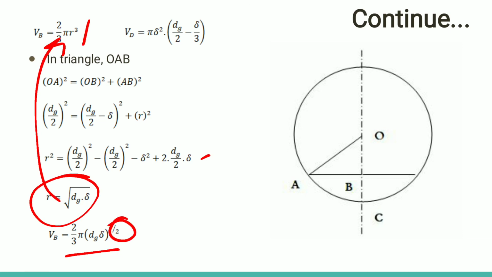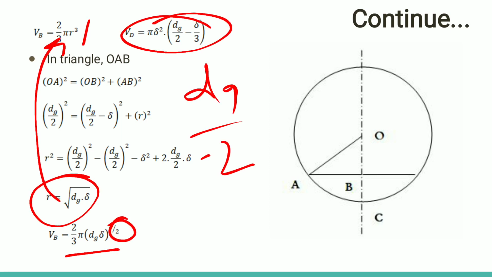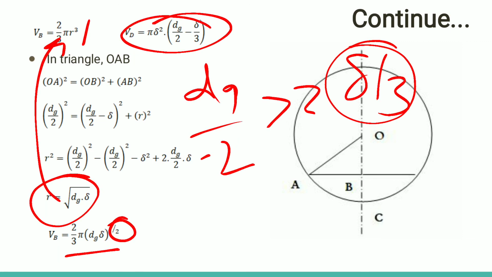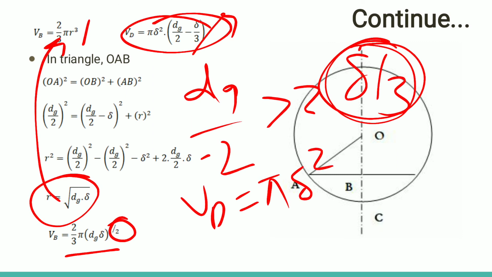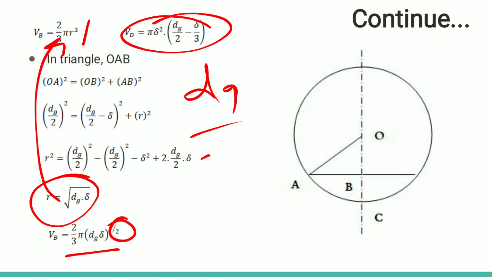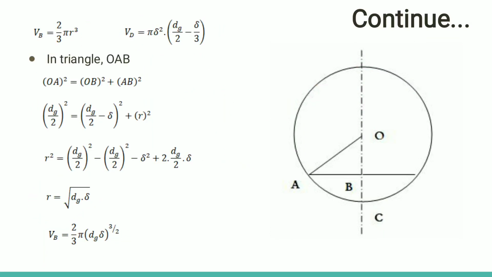Now in the ductile case, dg by 2 is very much greater than delta by 3, so we consider delta by 3 as 0. So VD equals pi into delta square into dg by 2. This is the volume we consider for ductile material, and the previous one is for brittle material.